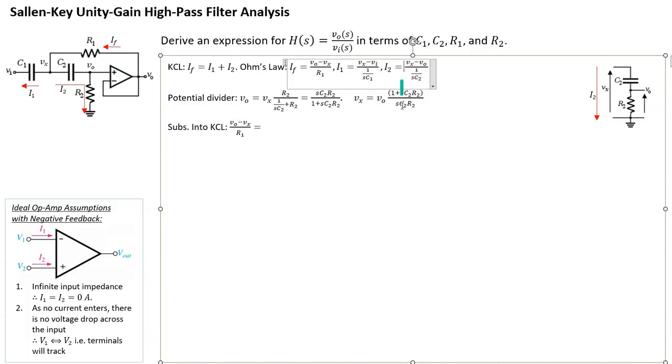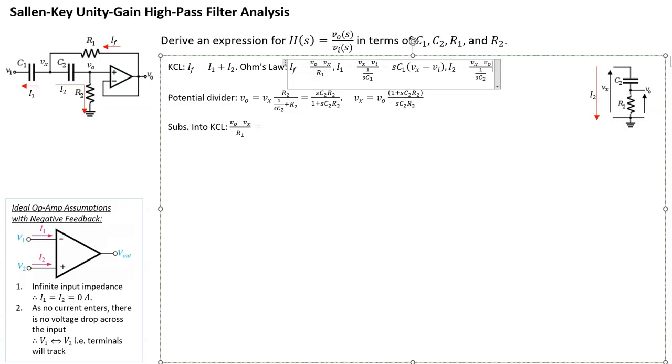Oh, sorry. I think I should make this a bit easier so that it becomes a flat equation. So we keep SC1 multiplied by Vx minus Vi, sorry. Okay, so that's I1.